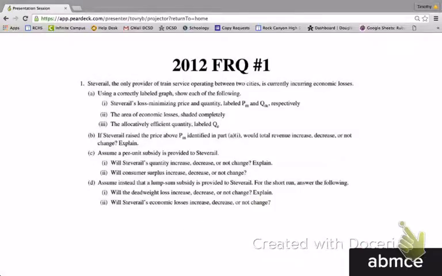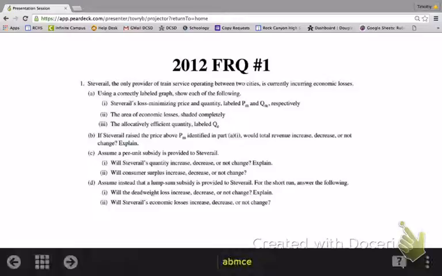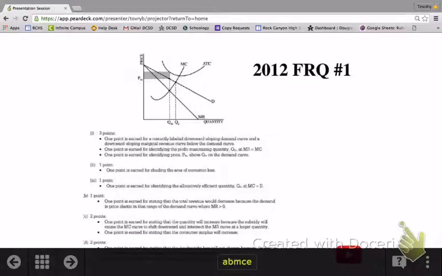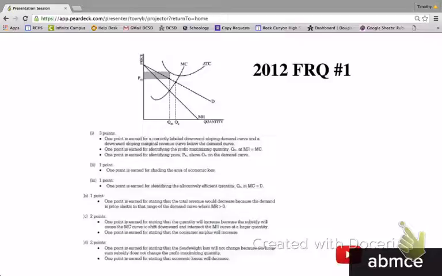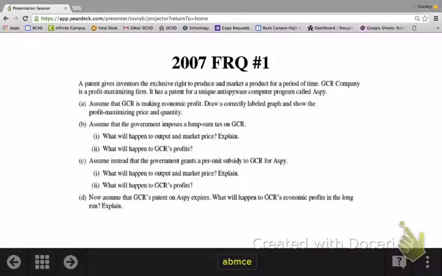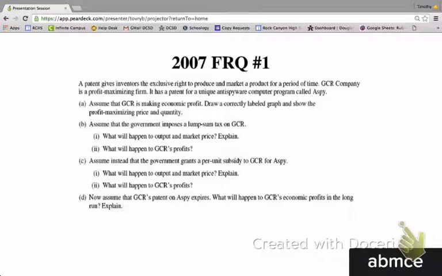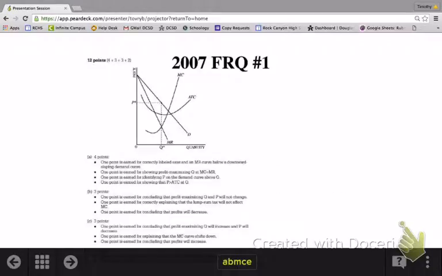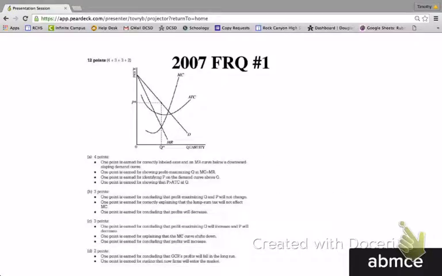Here is question number 1 from the 2012 AP Microeconomics exam. Here is the rubric for that question and how you earn the points. Here is question number 1 from the 2007 AP Microeconomics exam. Here is the rubric for that question.